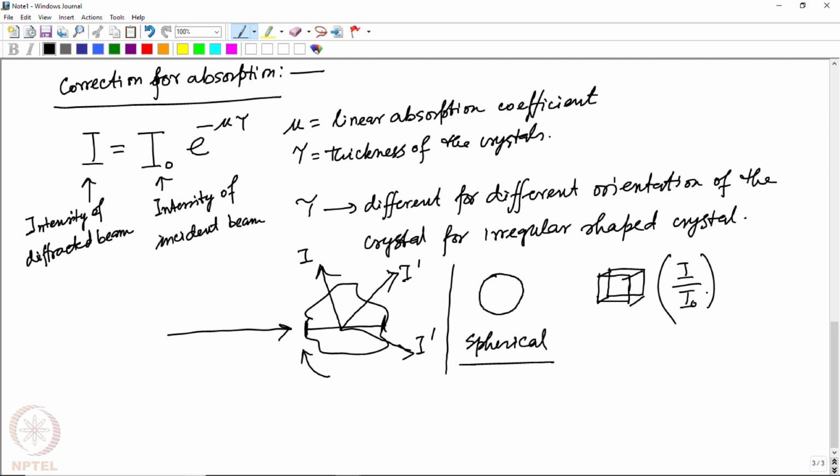This absorption is also dependent on the wavelength of radiation. So, the absorption coefficient mu is dependent on the wavelength lambda of radiation.